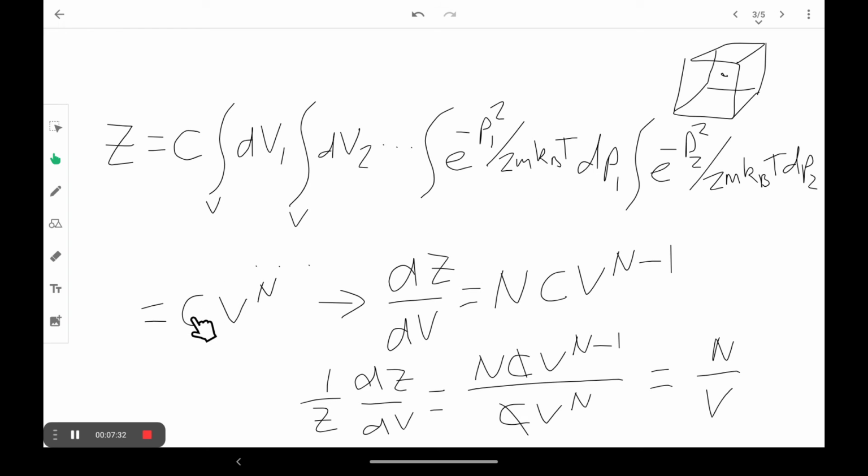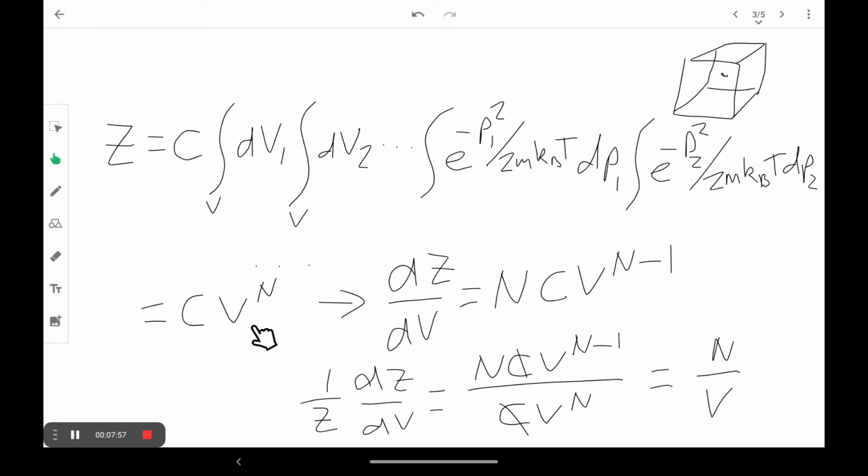So this constant here is some different constant than it was before. And that would be the same for all of these momentum terms. And so I ultimately end up with a constant with respect to V times V to the n.